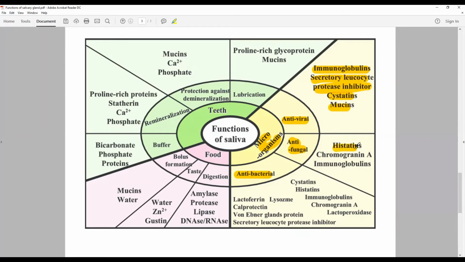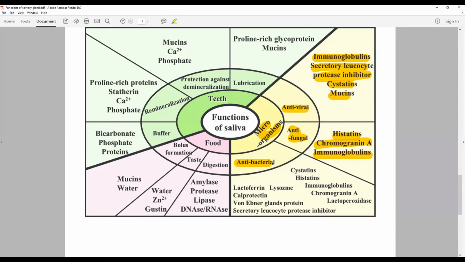Antifungal: we have substances like histatins, chromogranin, and other immunoglobulins working against fungal organisms such as candidiasis. Antibacterial components include lactoferrin, calprotectin, lysozymes, histatins, cystatins, immunoglobulins, chromogranins, lactoperoxidase enzyme systems, von Ebner's gland protein, and secretory leukocyte protease inhibitor.